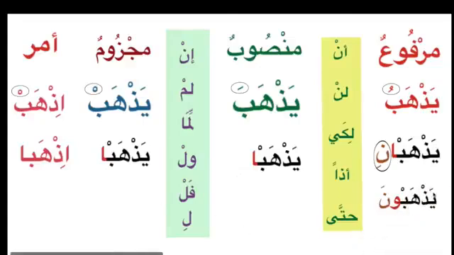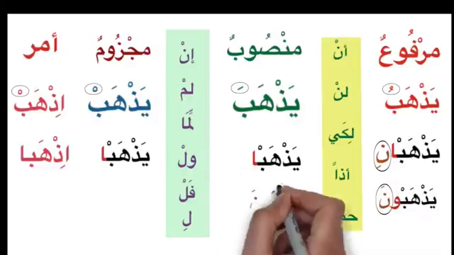Again, if you take the most common forms, like antuma, yadhhabani: here the alif is the fa'il, so the fa'il is present. And here in yadhhabuna, the waw is the fa'il. And tadhhabuna will be antum, and noon is the sign of marfu again.